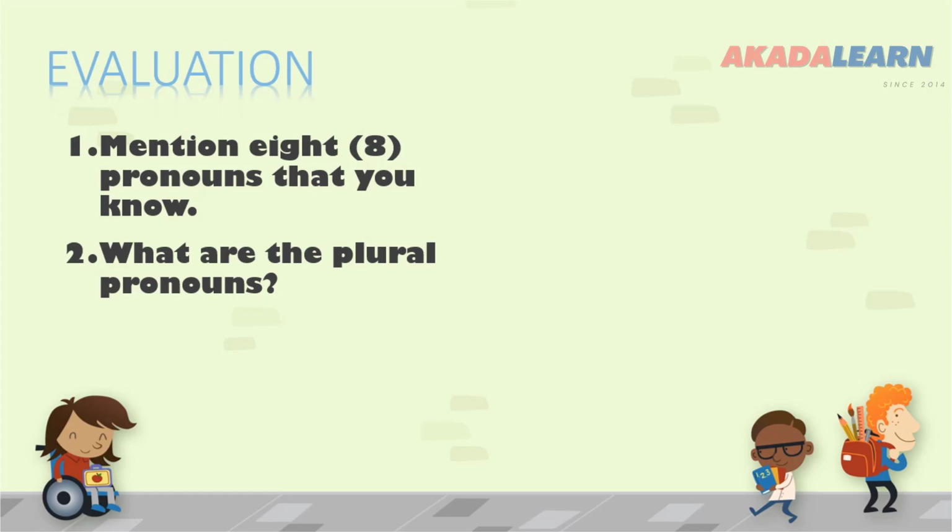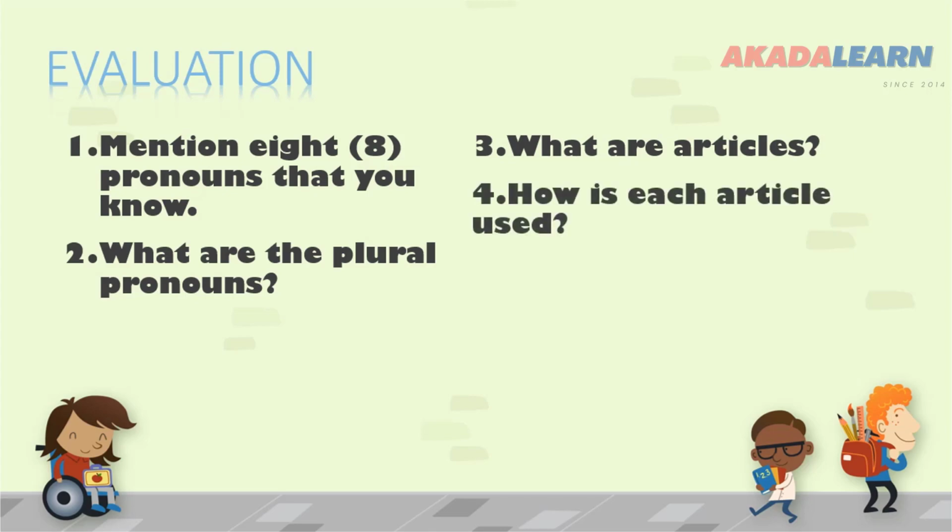If you study the video very well, I'm sure you can answer that. Number three, what are articles? And finally, how is each article used? Like, when do you use a, when do you use an, and when do you use the? I'm sure those are simple questions.